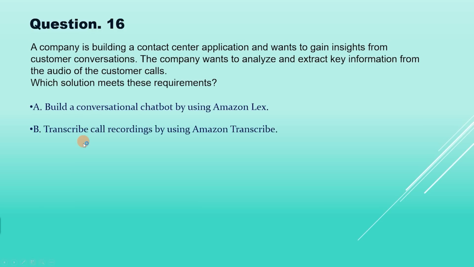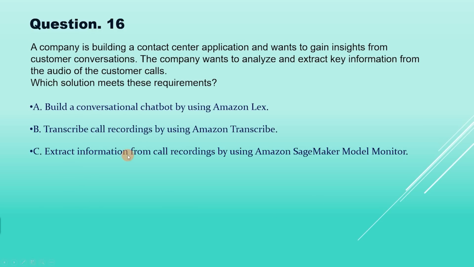Option B, transcribe call recordings by using Amazon Transcribe. Option C, extract information from call recordings by using Amazon SageMaker Model Monitor. Option D, create classification labels by using Amazon Comprehend. So you may be confused between option A and B, but you can take your time to guess the correct answer.